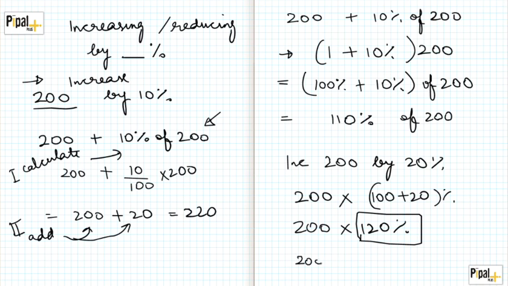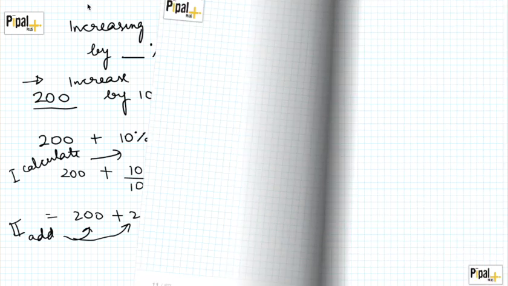So all I got to do is just multiply 200 by 6 upon 5, which is 240, right? So this actually simplifies my calculations a bit, where increasing something by 10% is equivalent to multiplying that thing by 110%, right?